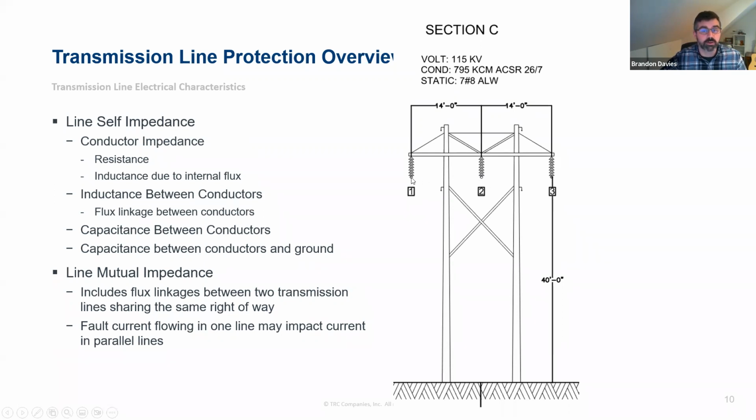So there is going to be an amount of inductance from phase to phase, or in the case of a circuit like this, each phase would have its pair of how it interacts with and couples to the other phases. And there's going to be capacitance as well. We've got two energized conductors that are out of phase with each other.